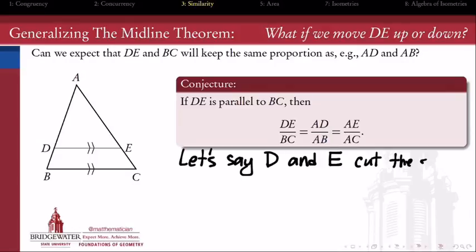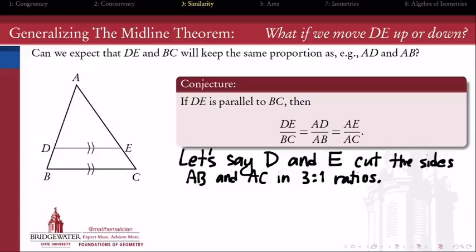So here's a conjecture. Let's suppose I choose points D and E on the sides AB and AC in such a way that DE is still parallel to BC. Now, we would conjecture that whatever ratio AD stands in to AB, by however much I've cut the side AB down, that's the same ratio we get on this side, the ratio of AE to AC.